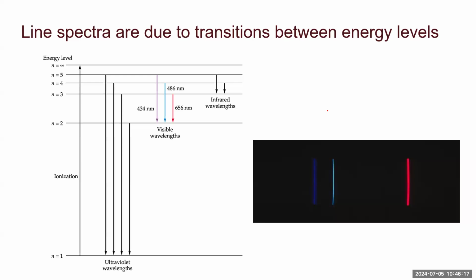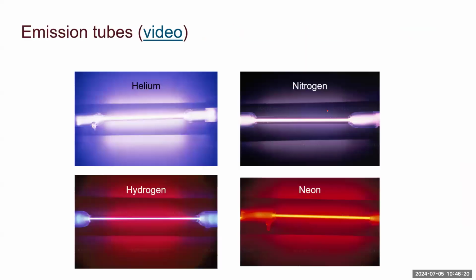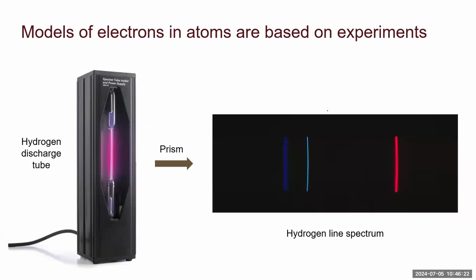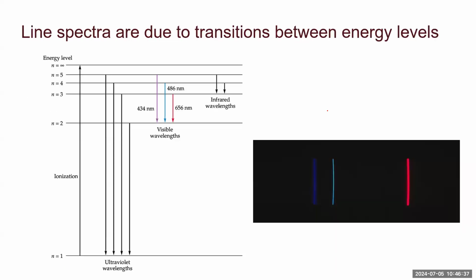You might look at this and say, oh yeah, that's a really pretty color. But what this is also telling you, when using the right tools, is it's giving you a little bit of insight into the structure of an atom, where the electrons are in a given atom.